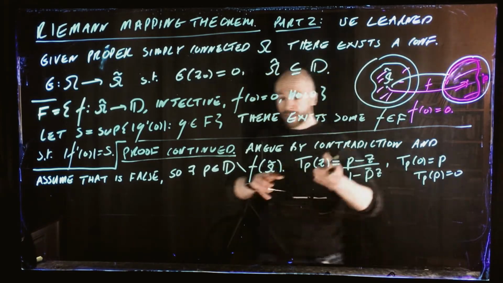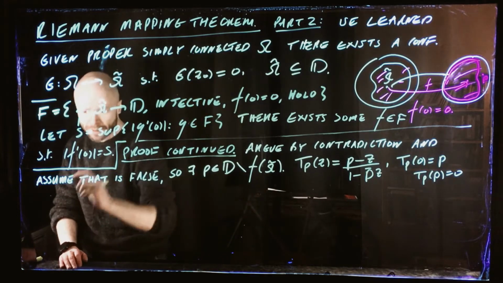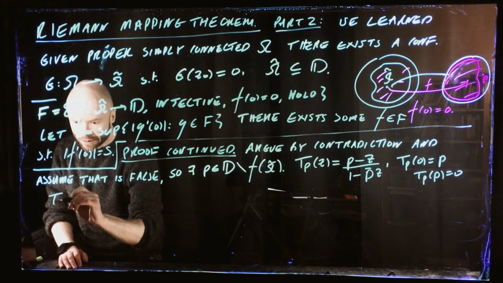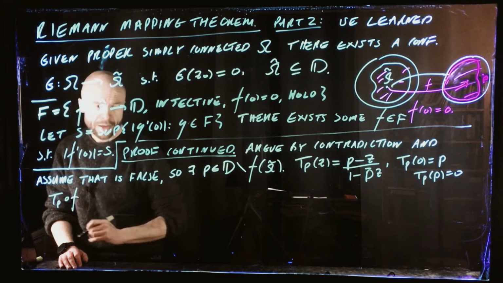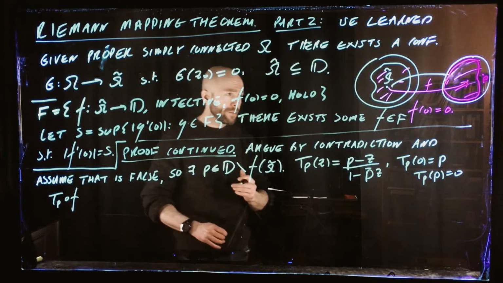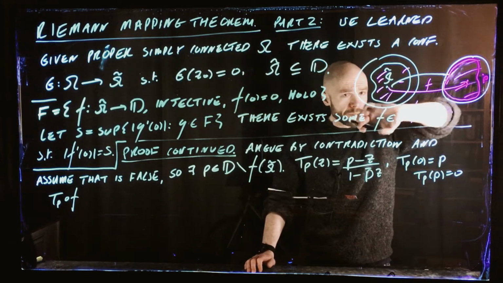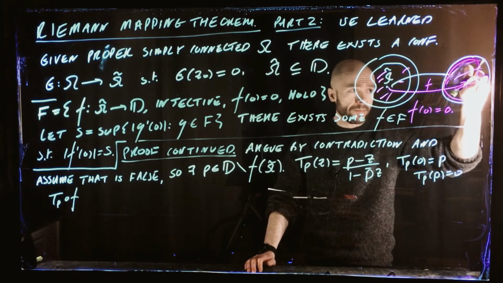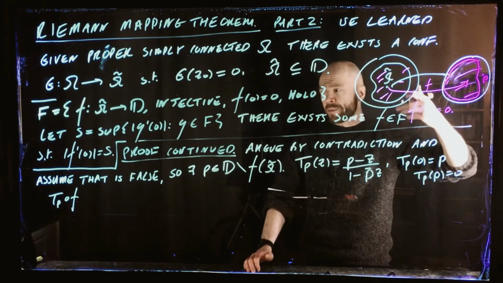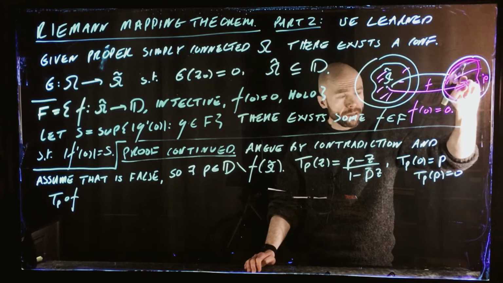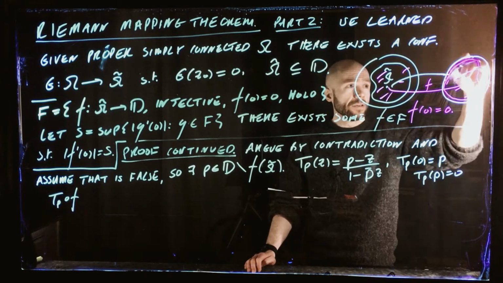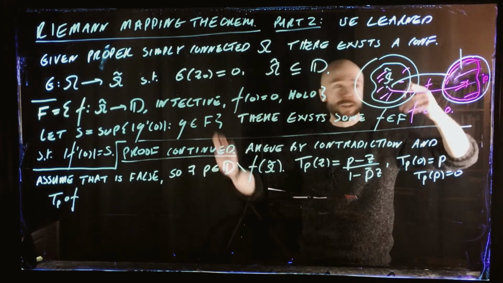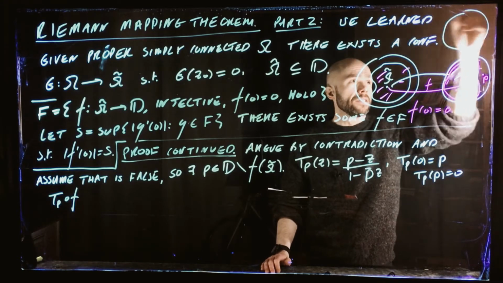So we're going to take this guy and we're going to consider the mapping which does this, that is, consider T_p composed with f. Okay? So what will that do? So your first mapping is to take omega tilde, map it into the unit disk, missing out p, and then we're going to take this mapping T_p, whose role is to put p into the center. Okay, so then the image of f of omega tilde under T_p would look something like this.